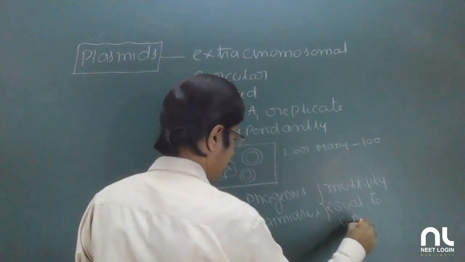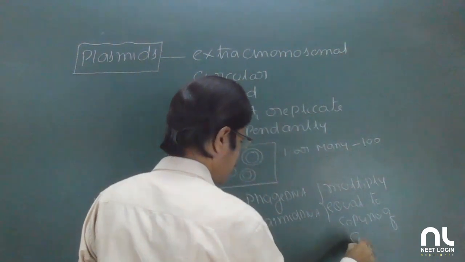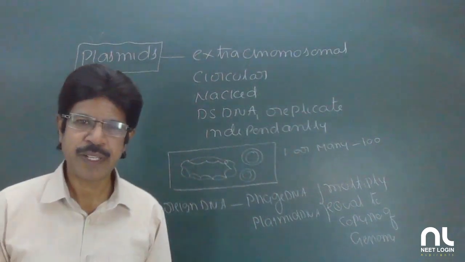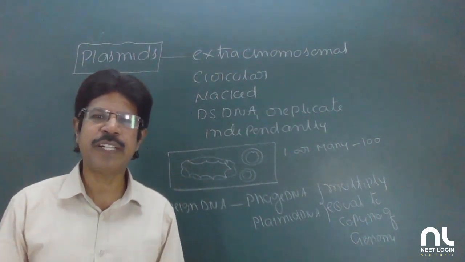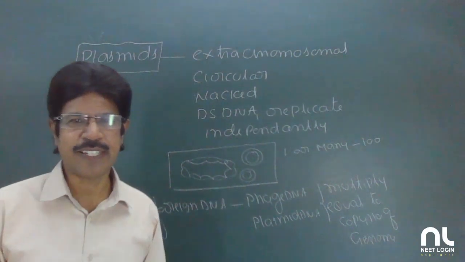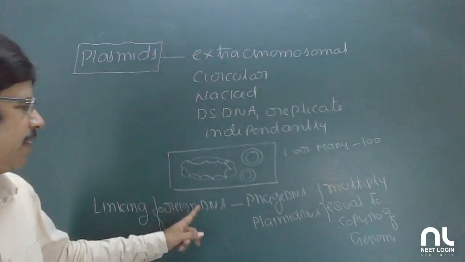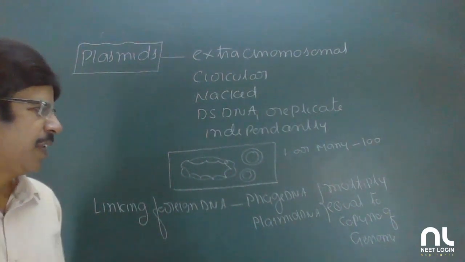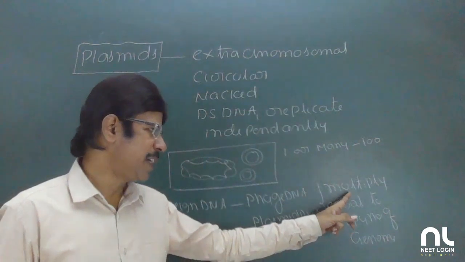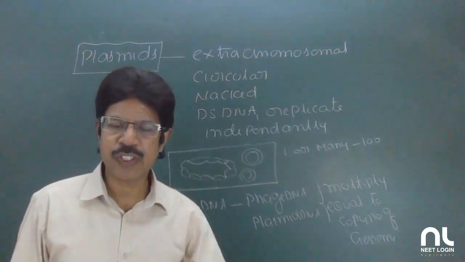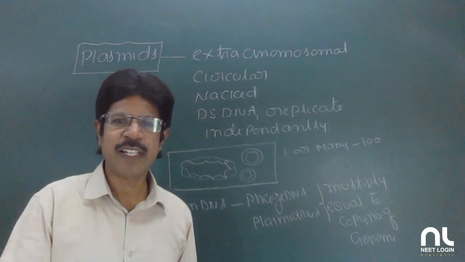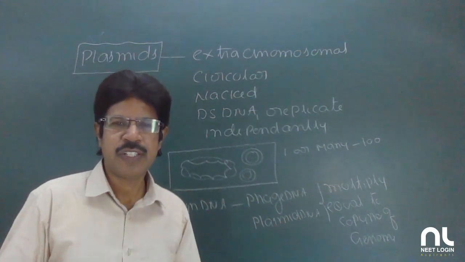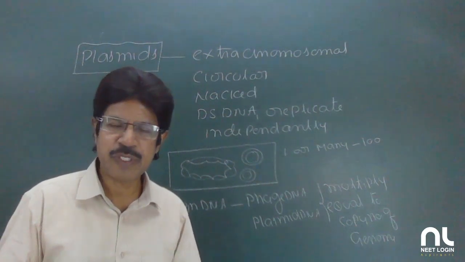Suppose the plasmid produces 100 per cell, you are going to get 100 copies per cell. If the virus has 100 copies per cell, we are going to get 100 copies of the desirable gene.